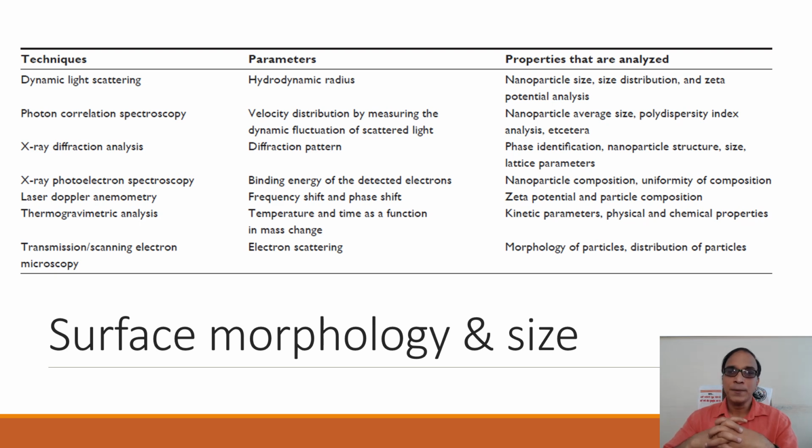Please do remember, in X-ray diffraction study we perform the crystallinity study with the help of diffraction patterns, and phase identification can be done. Nanoparticle structure, size, and lattice parameters can be obtained. X-ray photoelectron spectroscopy, laser Doppler anemometry, thermogravimetric analysis and DSC we can perform, and then TEM or STM can be performed for the surface morphology.